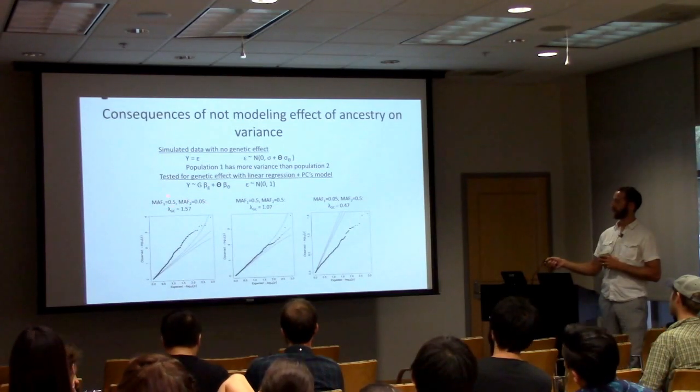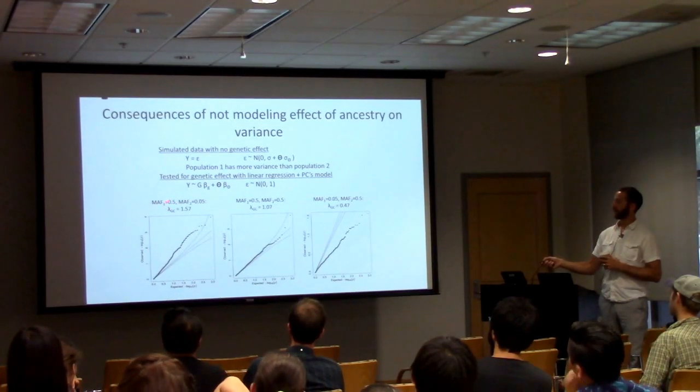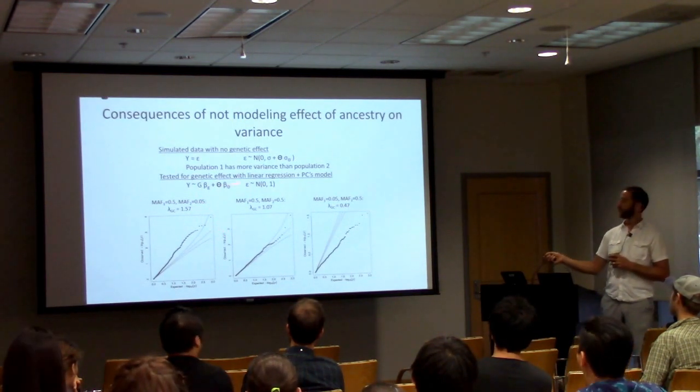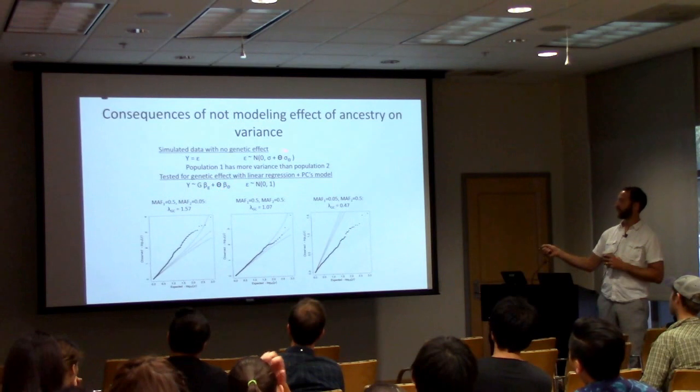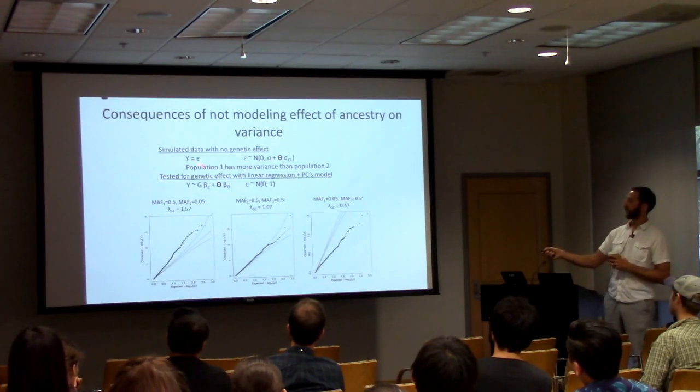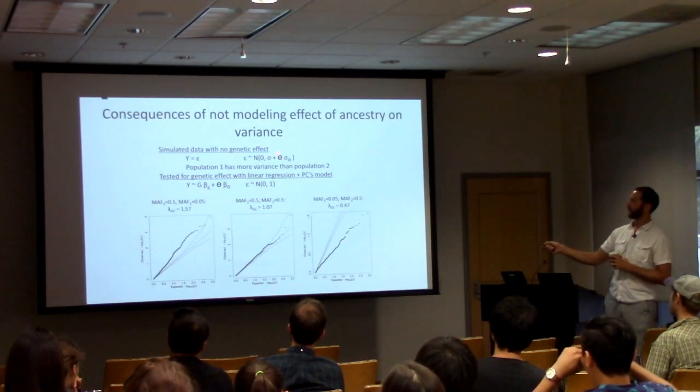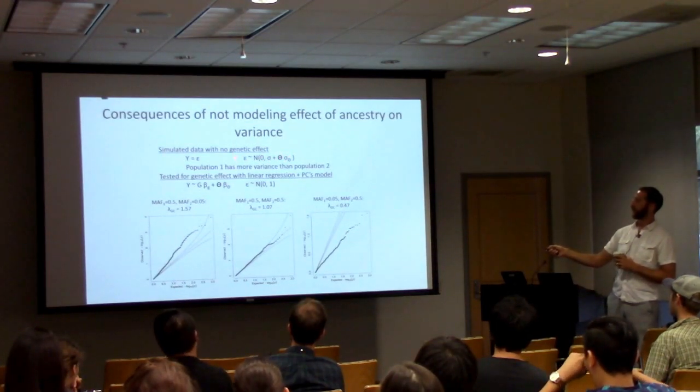And what's driving this is that the variance in population 1 is going to be very different than the variance in population 2. And because ancestry is now tied to variance, I should have said that here, our epsilons now are just 0, but we have an influence of ancestry on epsilon.